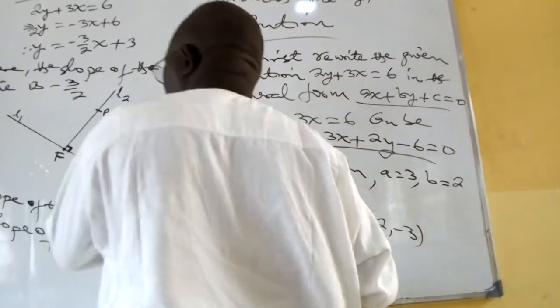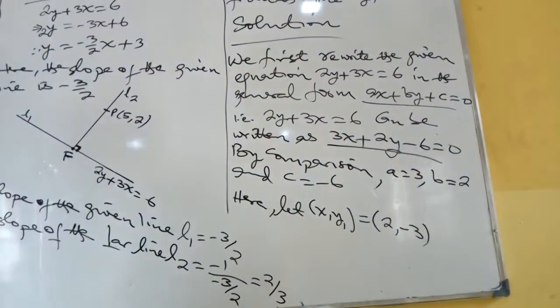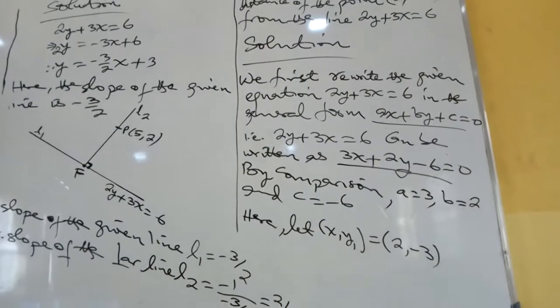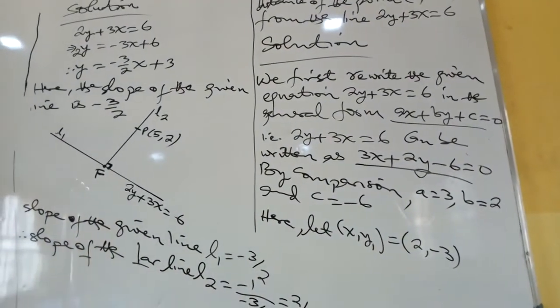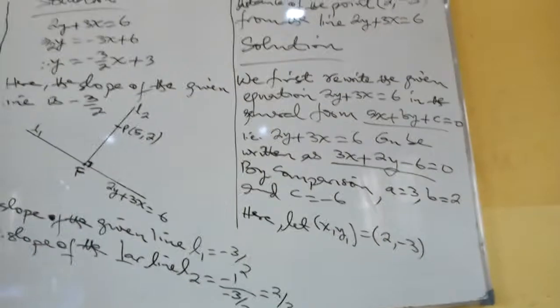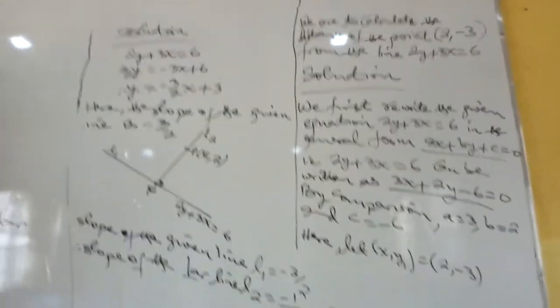So, we use our formula. There's a formula for calculating the perpendicular distance from a given line.